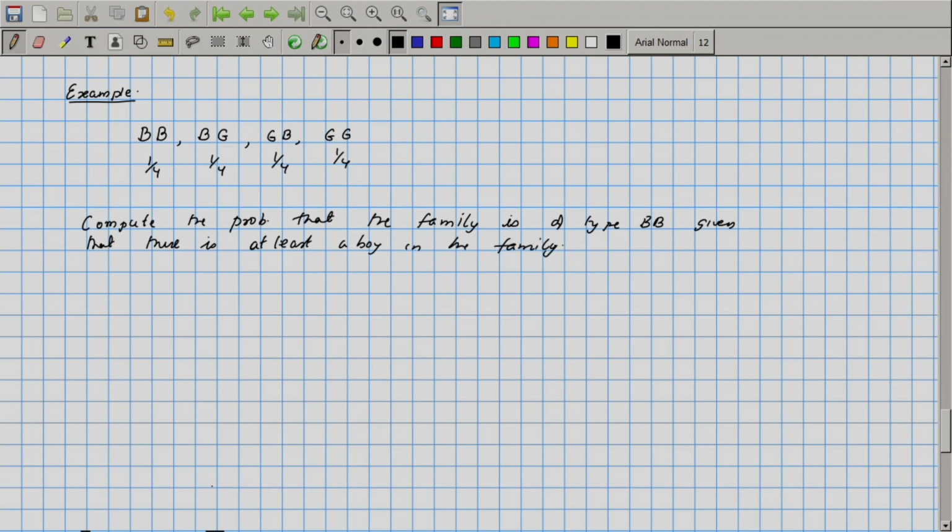Think about it for a minute, you can pause the video and think about it, and then we will work out the answer and see what it is. So, let us identify our events.